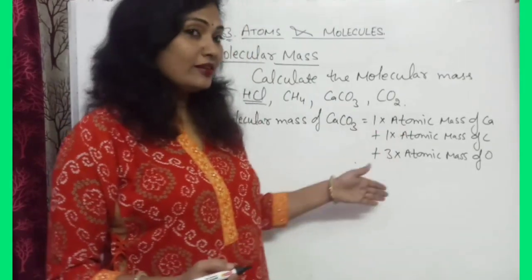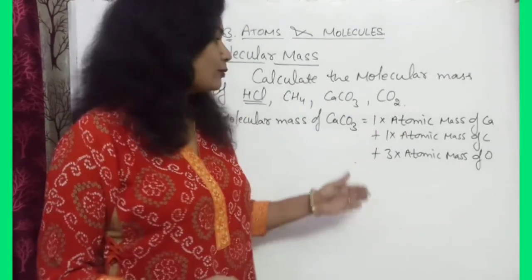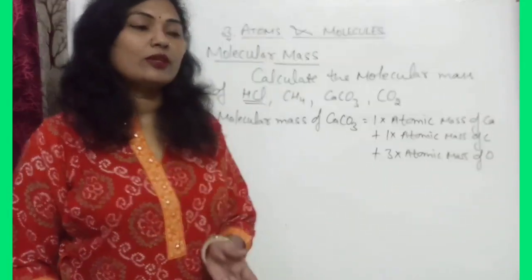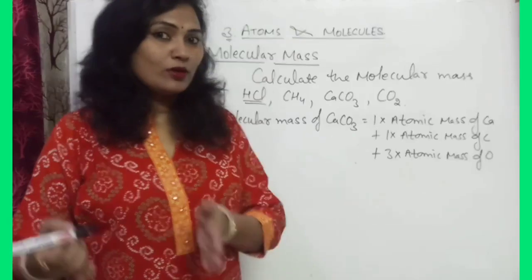So you can write the atomic mass of each substance and multiply it by the number of atoms present, and after that you can get the total molecular mass.